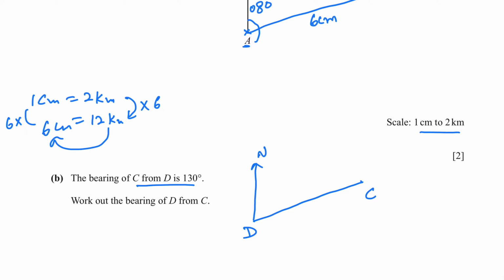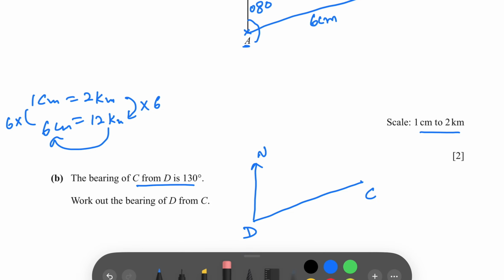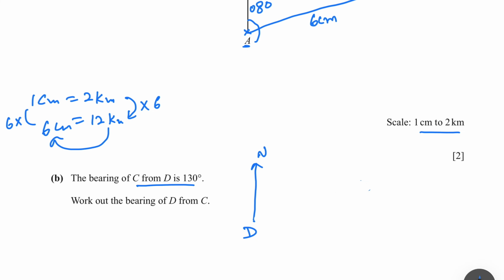Wait a minute, because that is an obtuse angle, so we have to take it accordingly. So I'm going from point D, this is 130 degrees, and we have our point C somewhere here.